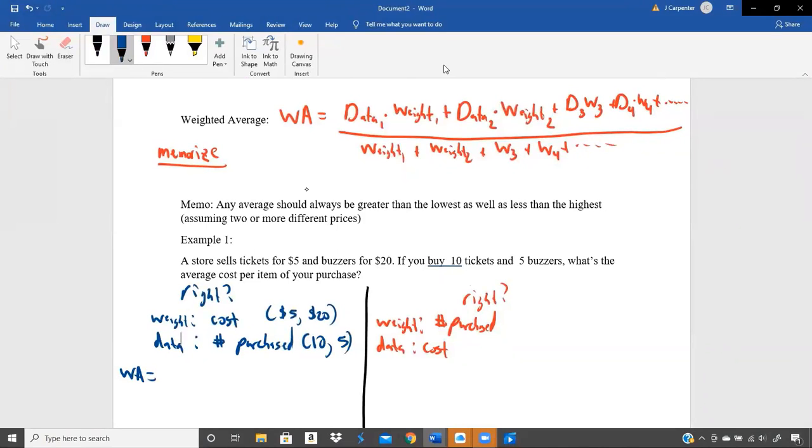So the data we said was the number purchased, which for the tickets was 10, times the weight, which is the 5, plus, so again, that was the number of tickets and the cost per ticket. Now we'll do the buzzers, which there were 5 buzzers that we bought for 20 each.